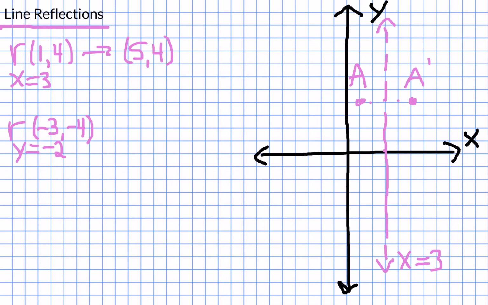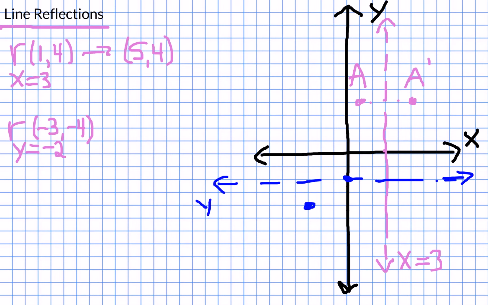The next point we're going to reflect is (-3, -4). We go to -3, -4, and we plot our point right there. If we want to reflect it in the line y = -2, we go to where y = -2, and we graph a horizontal line through that point.